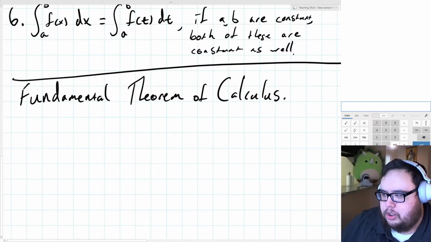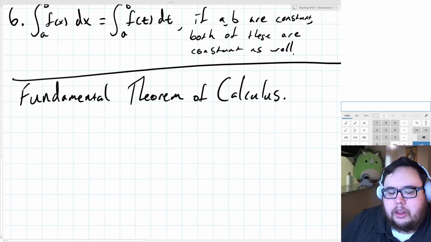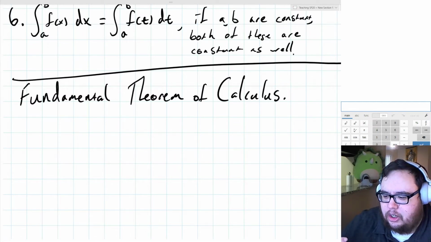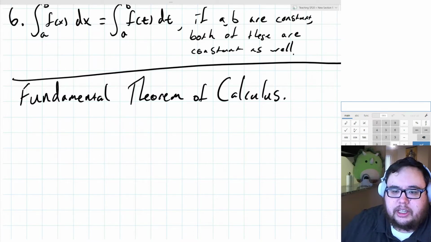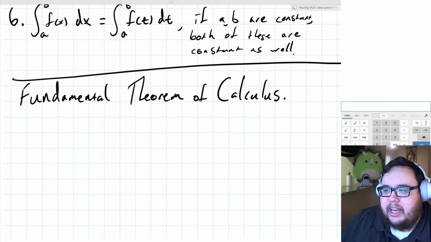And there are two parts to it. The first part is sort of the theoretical part. It's the part that's important in a holistic and theoretical sense to the field of calculus as a whole. It's the really important part. Okay.